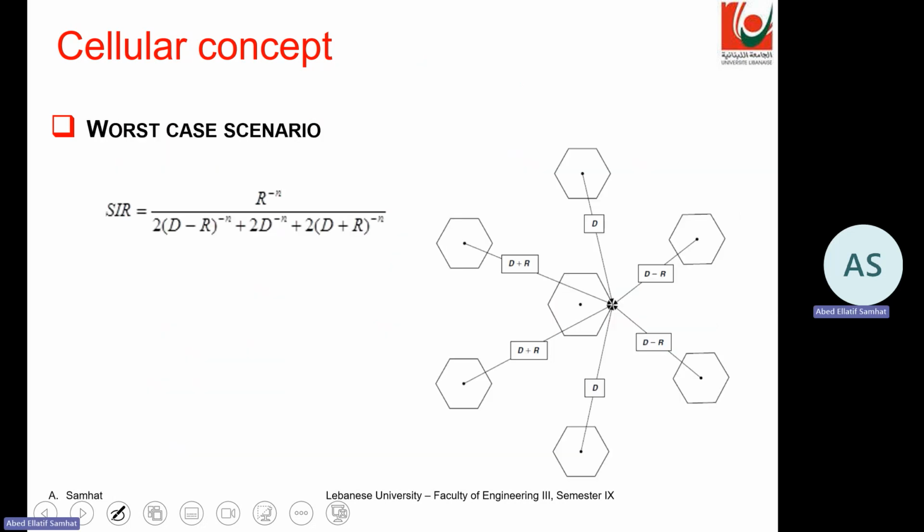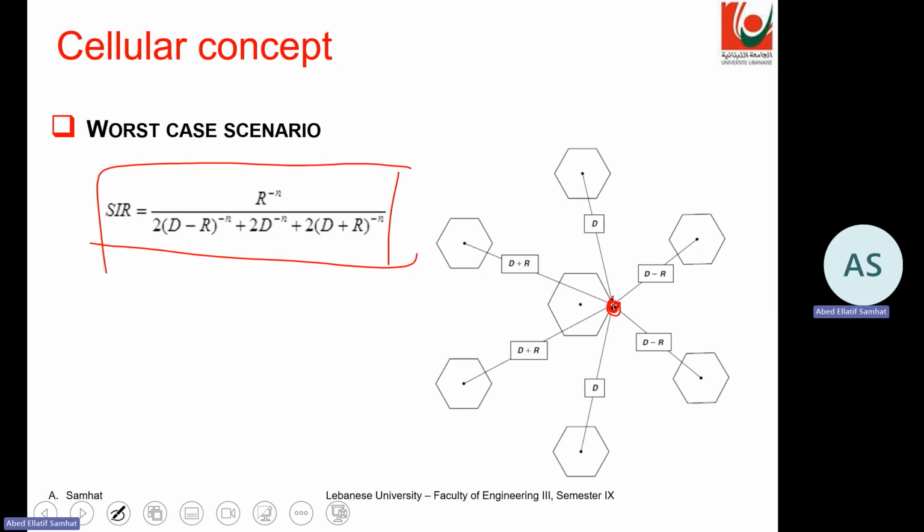And if we want to take the worst case scenario, it means that the user is close to the border. In this case, we can make the calculation and find that the signal to interference ratio is like this.